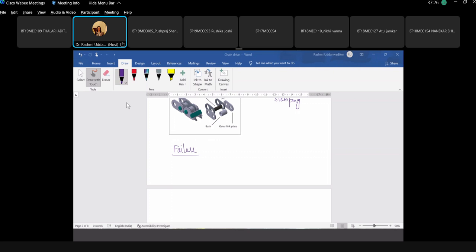Failure of pin. Okay. So do you think this pin will shear off into two parts? Plastic deformation of pin, as in the shape would change. Do you mean to say that this pin will change its shape?